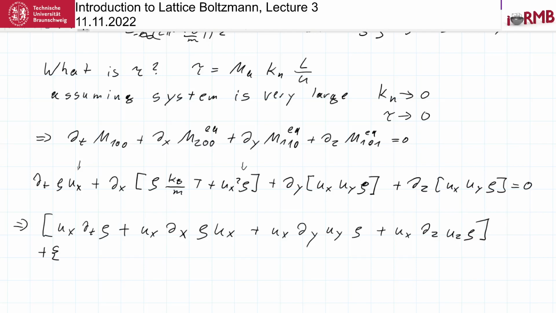So as I said, now applying the chain rule to this one, taking into consideration the part that we took already here, gives us rho dt ux plus, now the next part of this guy gives us rho ux dx ux plus the missing part of this guy is uy rho dy ux, and still the missing part of this guy plus uz rho dz ux.